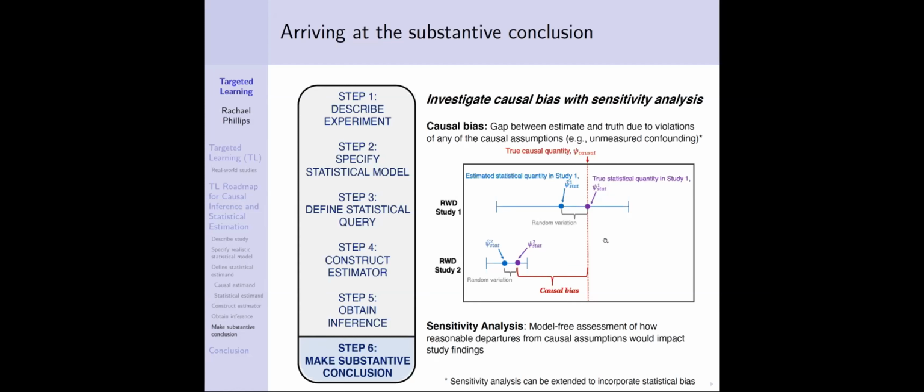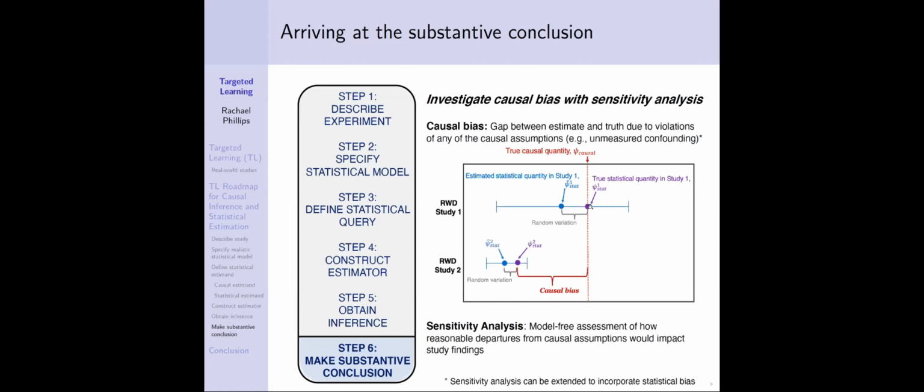Okay, so here we have two different studies, and both of them happen to have the same true causal quantity. Real world data study 1 has a wider confidence interval than real world study 2, so probably a smaller sample size. Here we have the estimated statistical quantity and then the true statistical quantity. This is just random variation between the two.